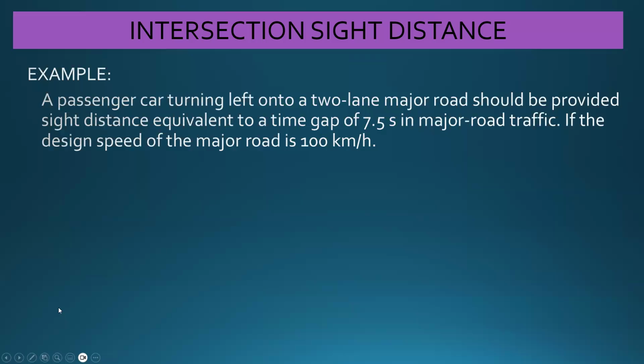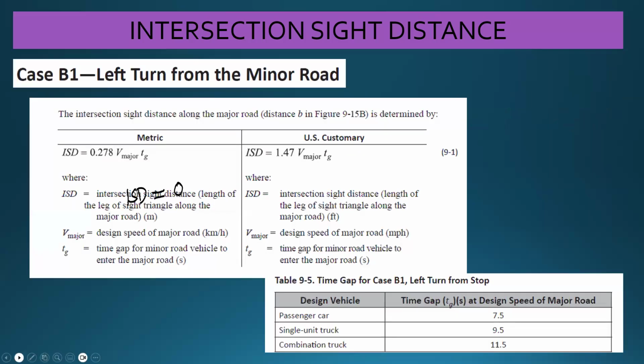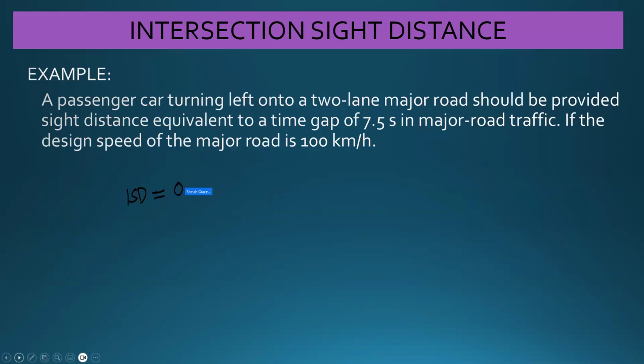So let's have an example. A passenger car turning left onto a two-lane major road should be provided sight distance equivalent to a time gap of 7.5 seconds in major road traffic if the design speed of the major road is 100 kph. So again, ISD is just equal to 0.278 times the speed of the major road, which is 100 kph, times the time gap of 7.5 seconds.